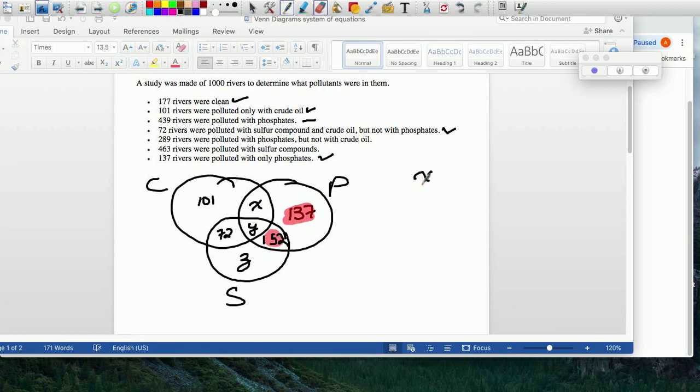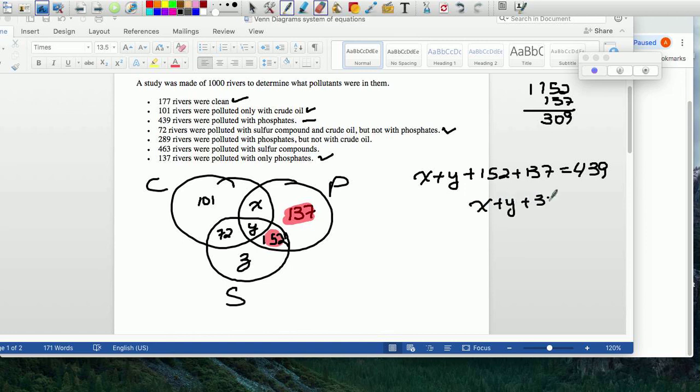So it's X plus Y plus 152 plus 137, and that all equals 463. I'm going to simplify things here. So I'm going to add 152 and 137.